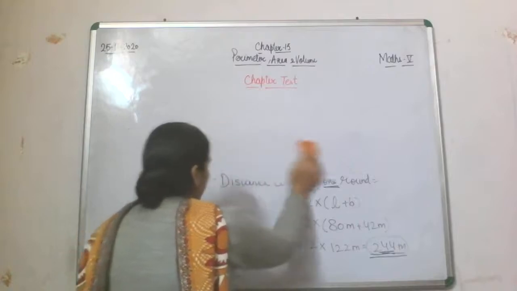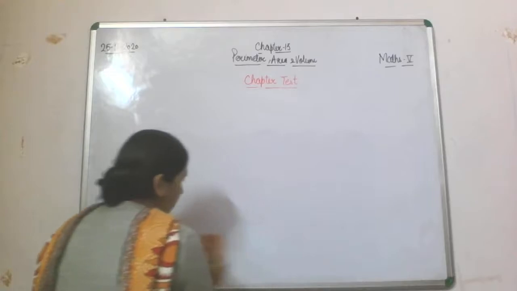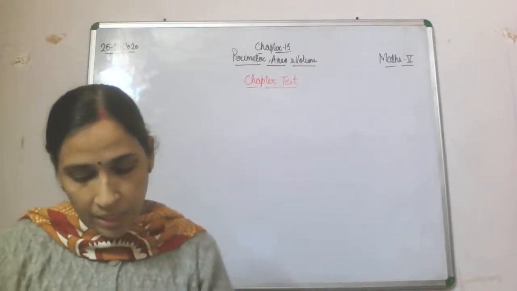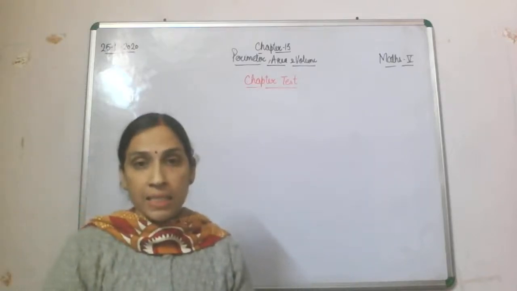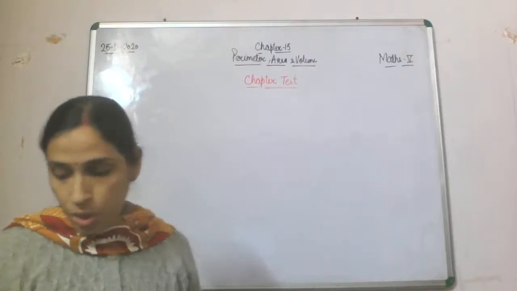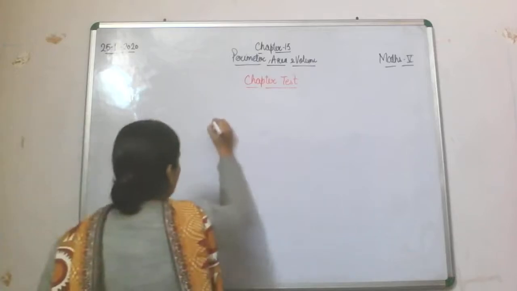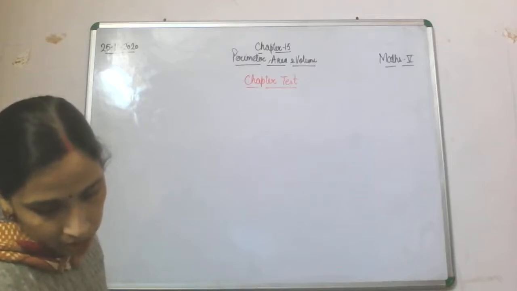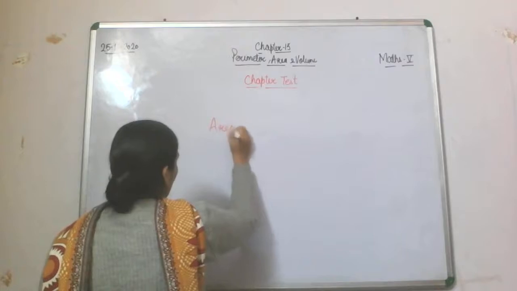So now children, we will come to question number 3 of that chapter test. A square is equal in area to a rectangle of length 16 centimeter and 4 centimeter. Find the side of the square. So what we will do here now, we are going to find the area of the rectangle.